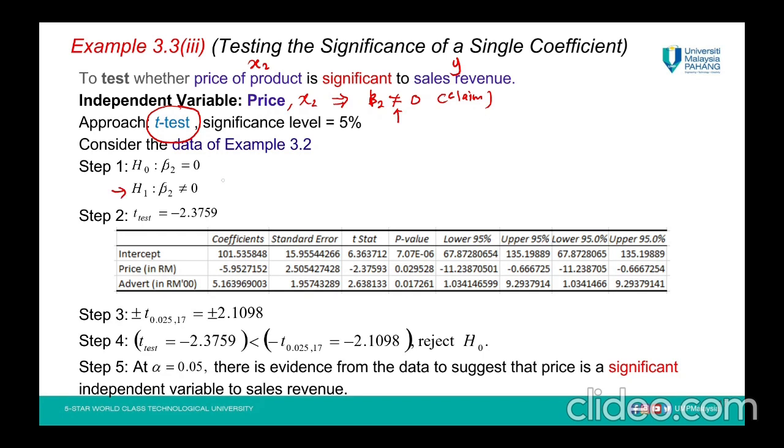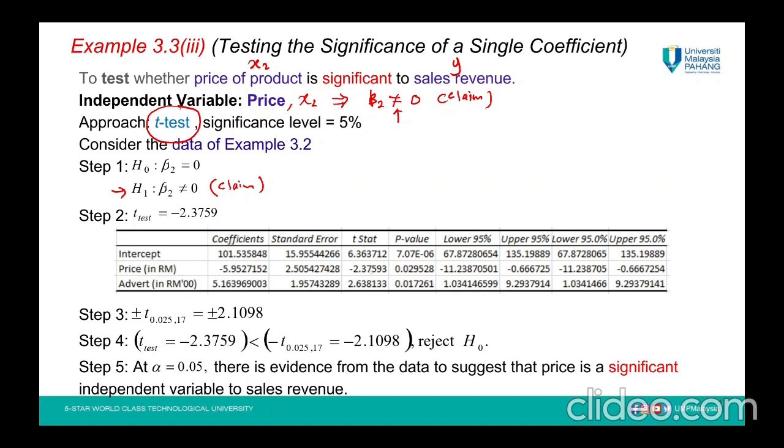For step 1, we need to construct the hypothesis. Based on the statement given, the claim here is under H1. So we can construct H0, where H0 is beta 2 equals to 0. Now complete step 1. So now we go to step 2. In step 2, we want to get the value for t-test.